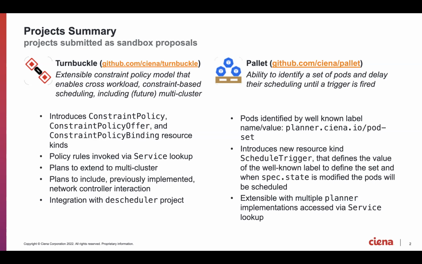Whereas if I did it one by one, if I schedule the second pod, I may put that pod on a node that then prevents the placement of the third pod because the constraints can't be met. That makes sense? The real idea of Pallet is, we believe that there are some optimizations that can be made around resource allocation and pod placement when we look at pods as a group as opposed to pods one at a time. And that comes really into play when we bundle this Pallet with the Turnbuckle project, because we have inter-workload constraints.